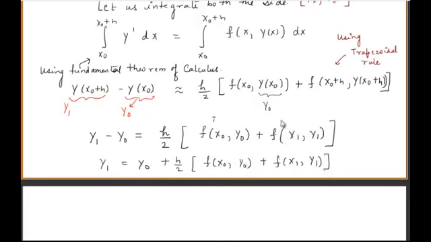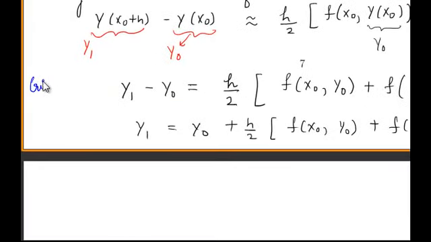Now there is one thing clear here: we are finding y1, and we are only given y naught. In this expression, I can see that y1 is appearing here as well as here, right? So y1 is appearing on both sides.